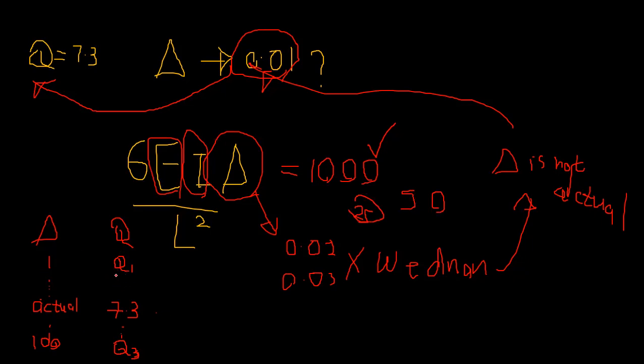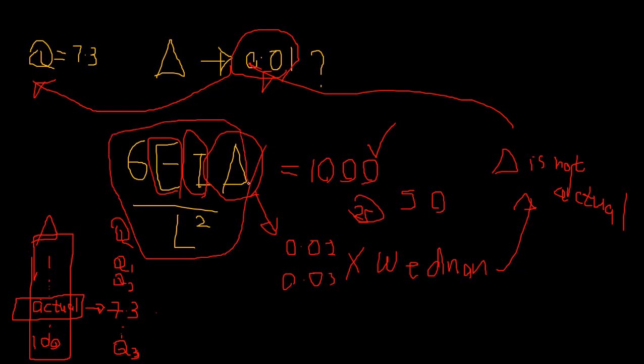If you finally solve the structure, you will get another q value, but it will give you the correct q value only if you apply the actual delta, but we don't know the actual delta. That's why within this huge range, which can go to plus infinity, we will assume something. Even though we don't know what we are assuming, we take the whole thing equal to 100, because we don't know what E is, what I is.